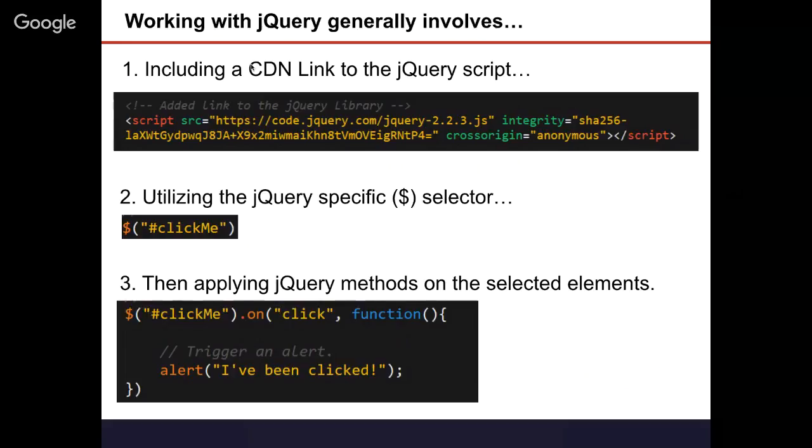So we know there's going to be an element on the page called click me. That's going to be an ID. We don't even know what it is yet, we just know that's what's going to happen. That's how easy the jQuery syntax is. It's not document.getElementById click me. It's just this.